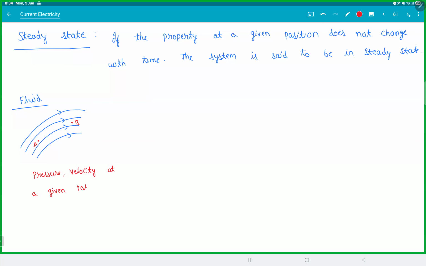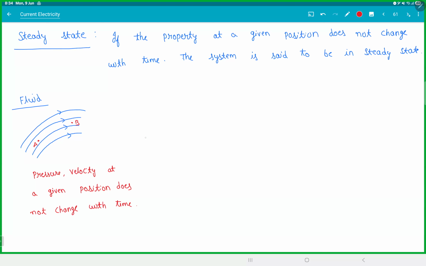At a given position, they do not change with time. You're getting it? So it does not mean A and B's pressure will always be equal.